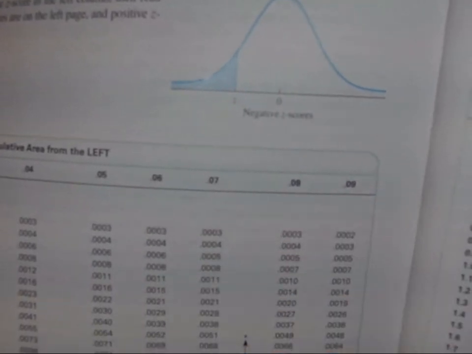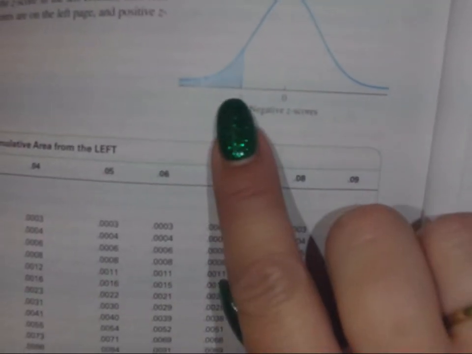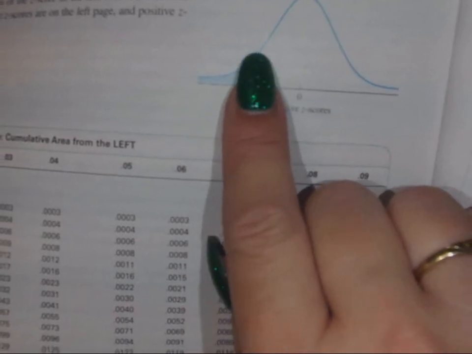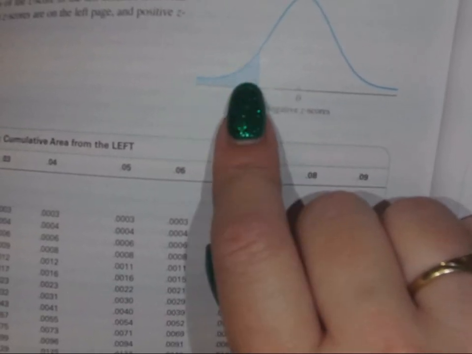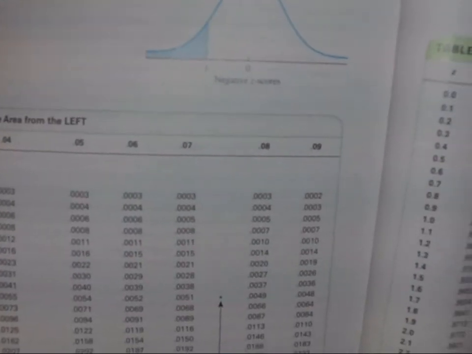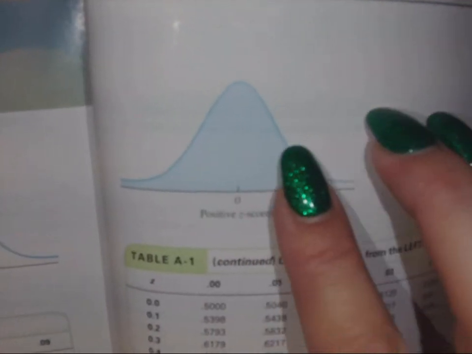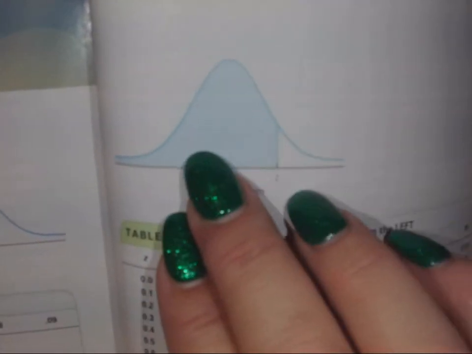You can see they've shaded in below this portion. Well, that's just a little bitty bit, right? Because it's on the left-hand side. So how much is below that? Not much. But on the right-hand side, because these guys are above the mean, we can see a huge portion of the graph is shaded in, right?